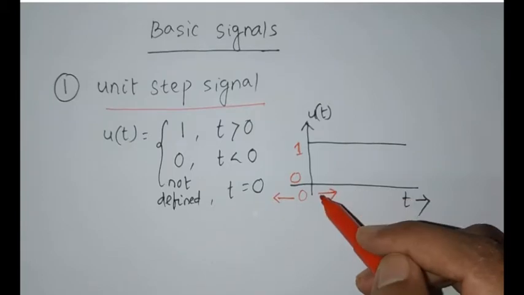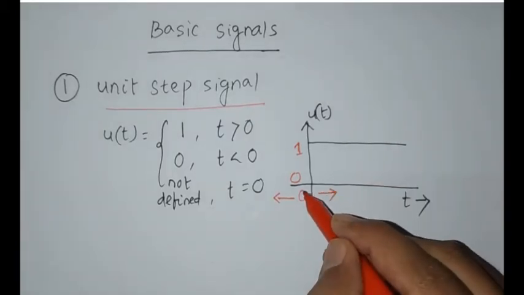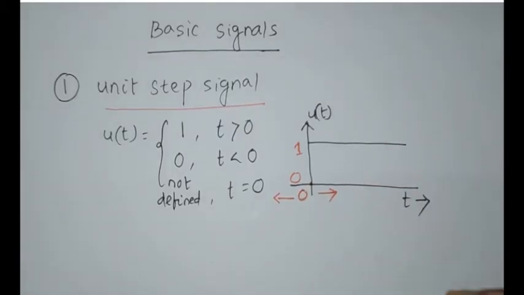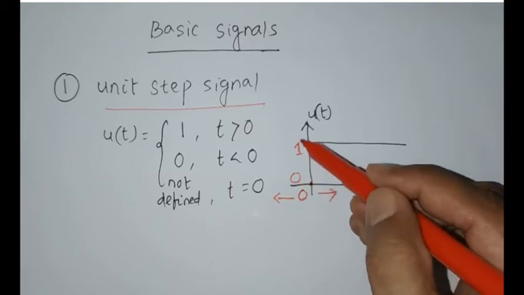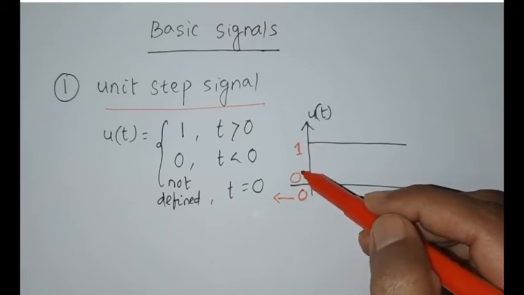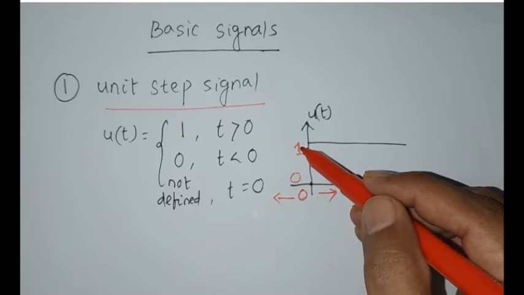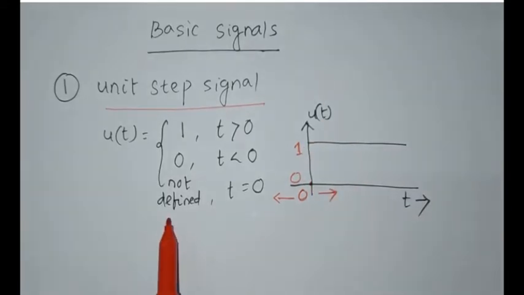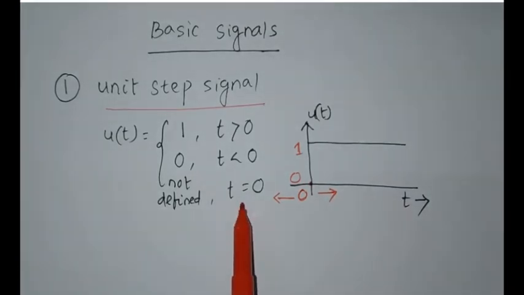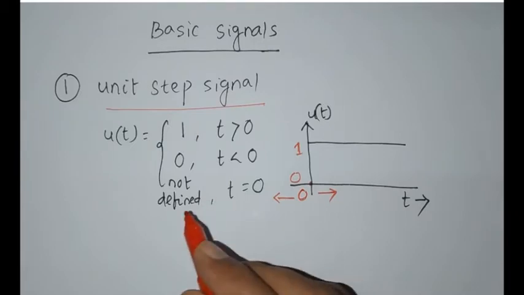When t is exactly 0, at this point, the signal varies between 0 and 1. So this is discontinuous at point 0. That's why it is not defined at t equals 0. Clear?